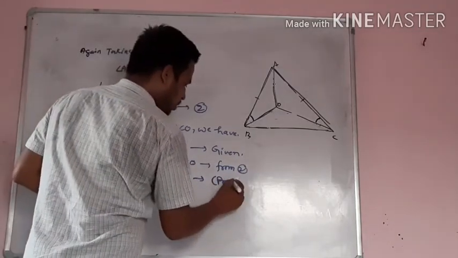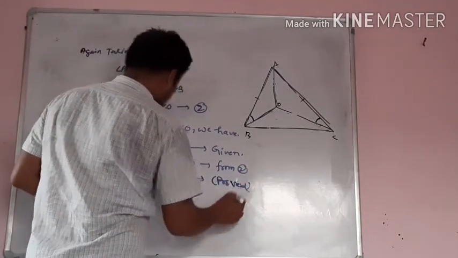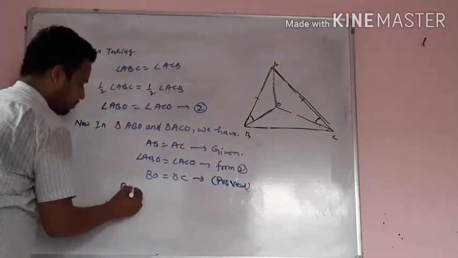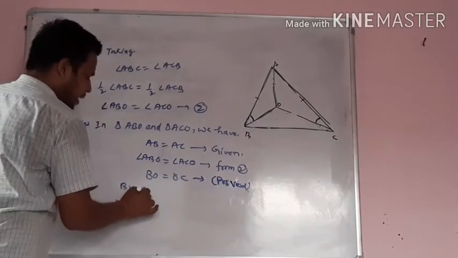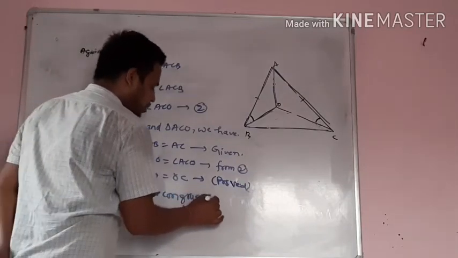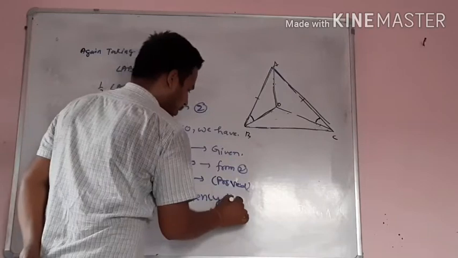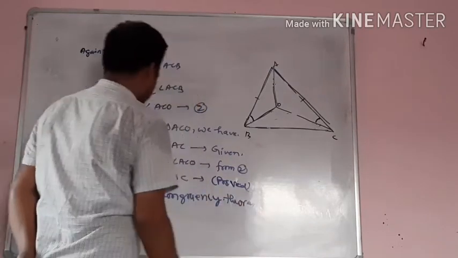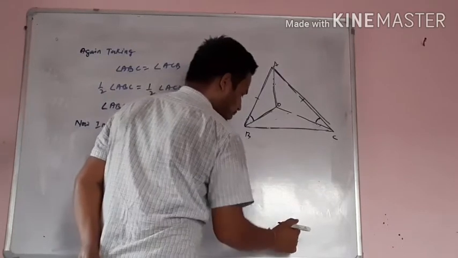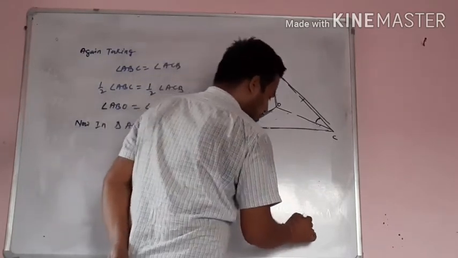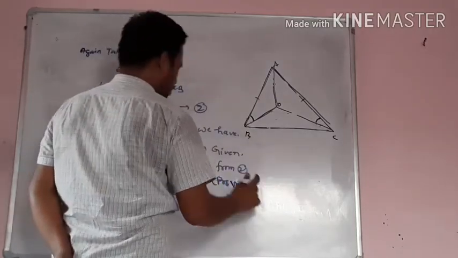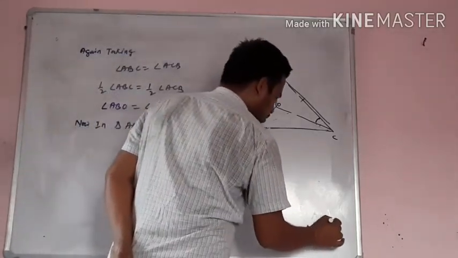So by SAS congruency theorem, triangle ABO is congruent to triangle ACO.